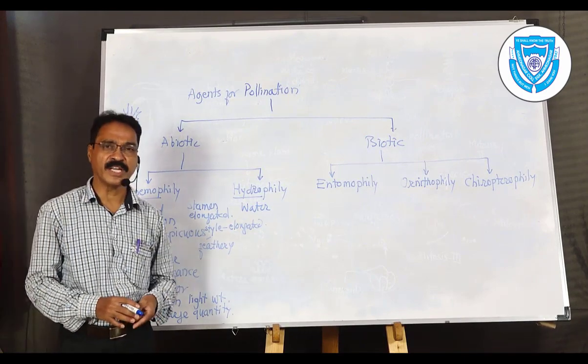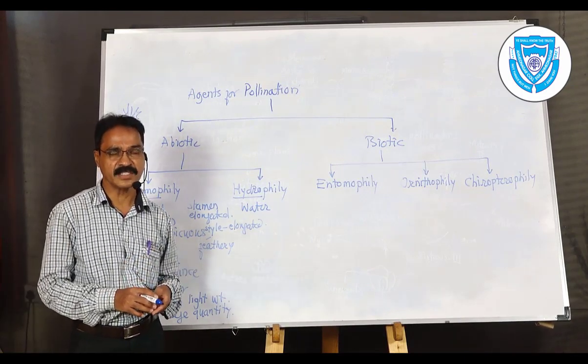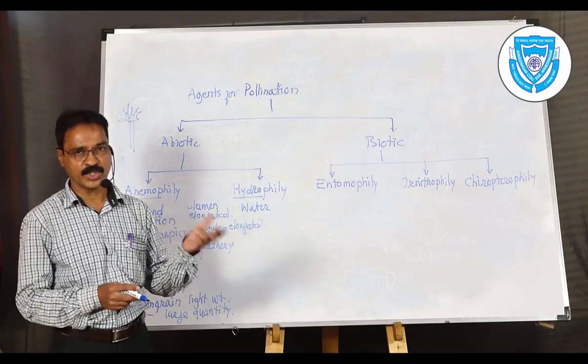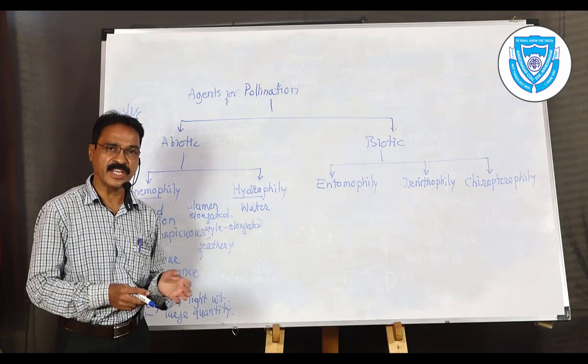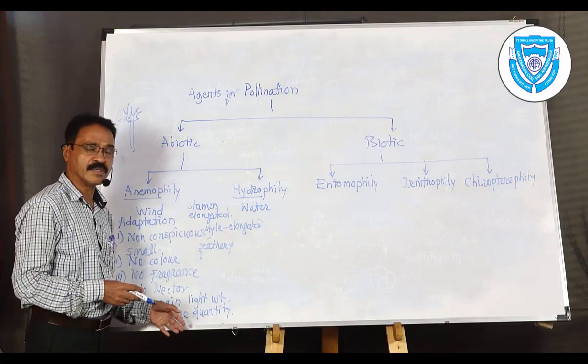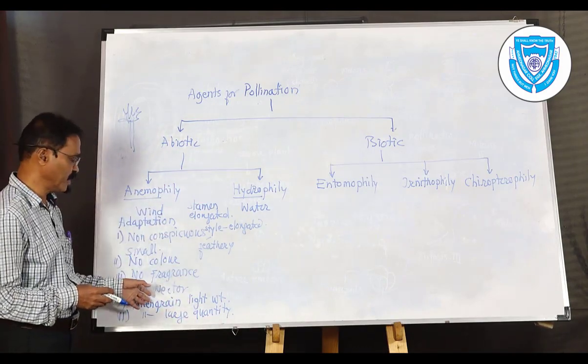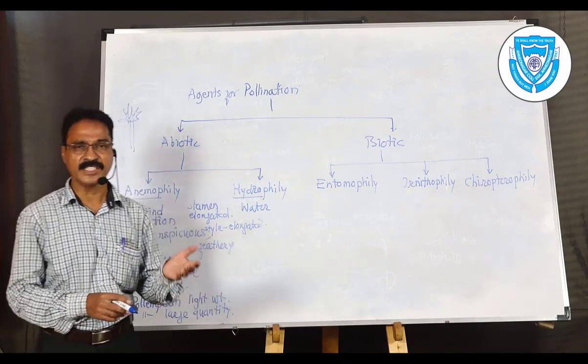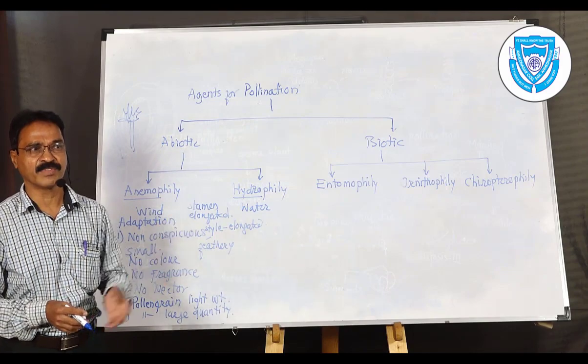An example of that is mostly all the cereals, that is rice, wheat, bajra, jowar, all these crops. They have very simple adaptations, because the flowers are not attractive, and hence we don't know the details of these flowers.